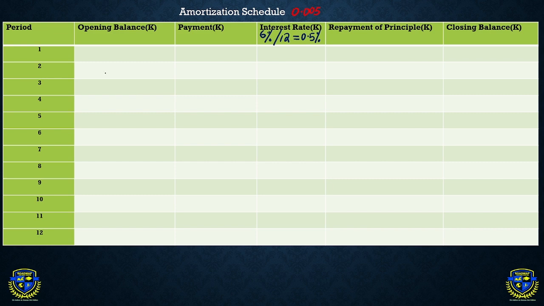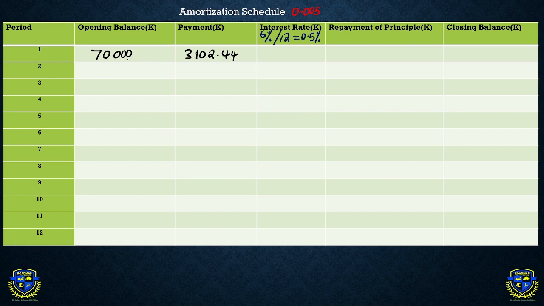So we can start here by writing our opening balance of the loan as 70,000. Then the payment. We know already that our payment was 3,102.44.